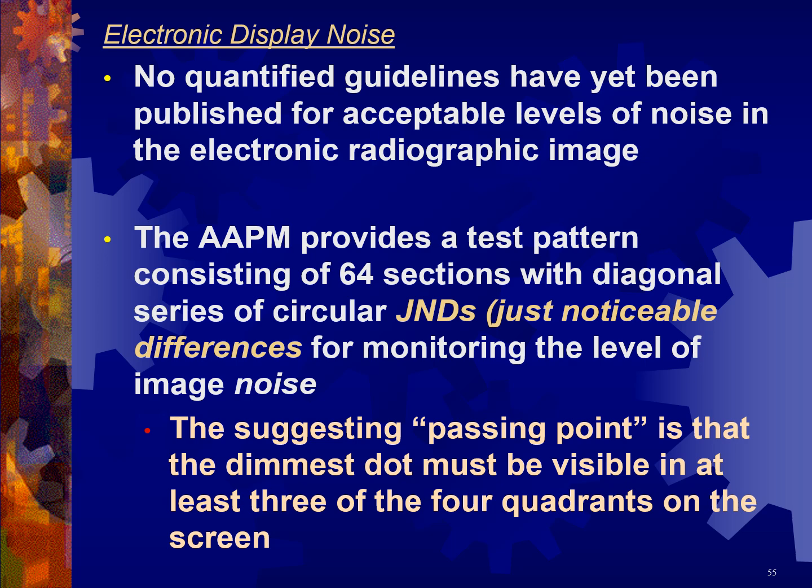So they have this test pattern where there are 5 low contrast dots, 4 of them in the corners, and you ought to be able to see 3 out of the 4 dots. If you can't see 3 out of the 4 dots, that means you have too much image noise.